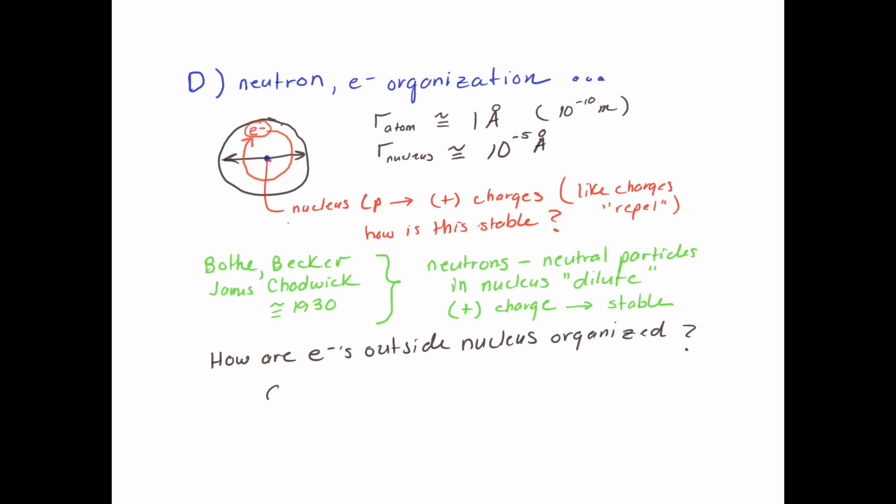And so what's left is to have a detailed understanding of the electrons outside of the nucleus. How are they organized? And so this is leading into the topic of quantum mechanics, which is the coverage of material in Chapter 3, in which we're going to understand the energy relationship of the electrons.